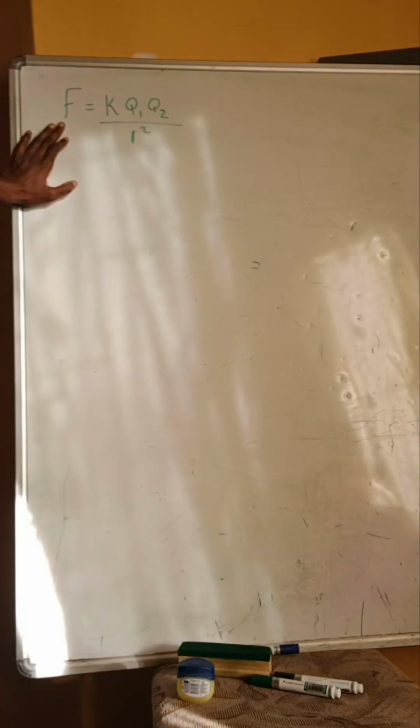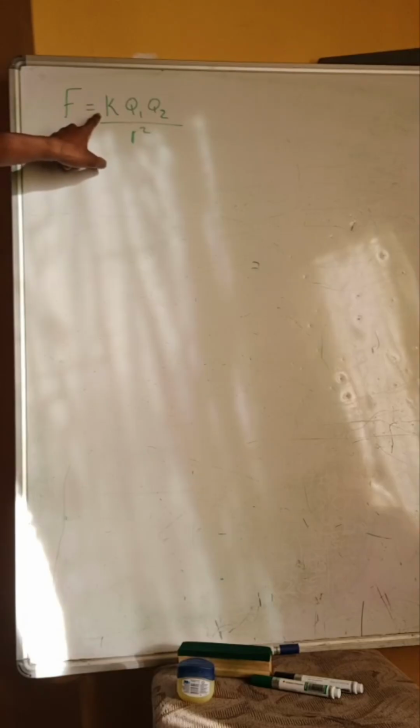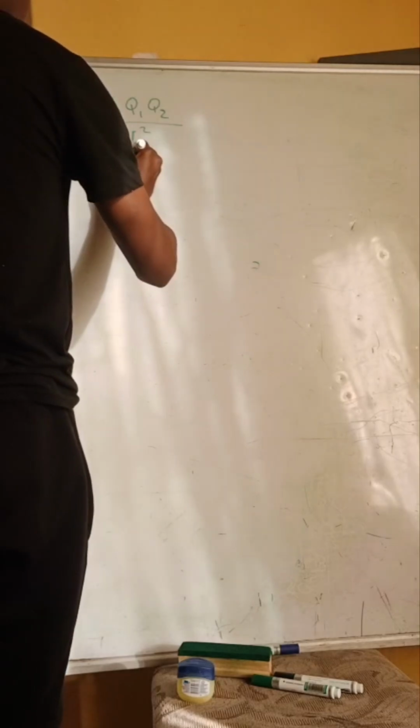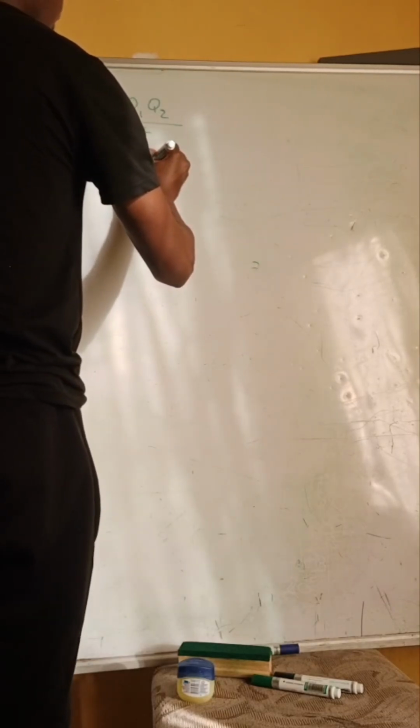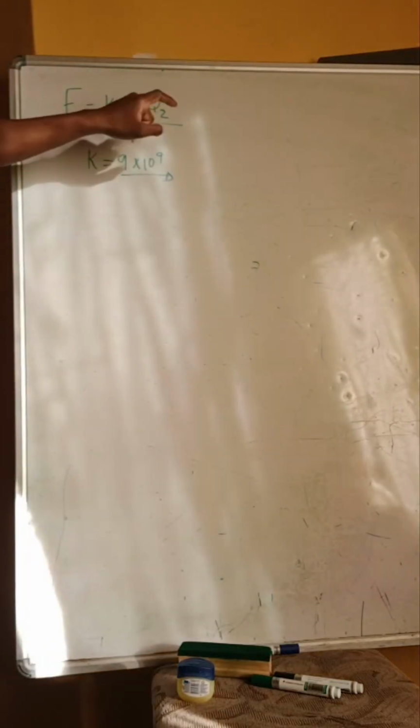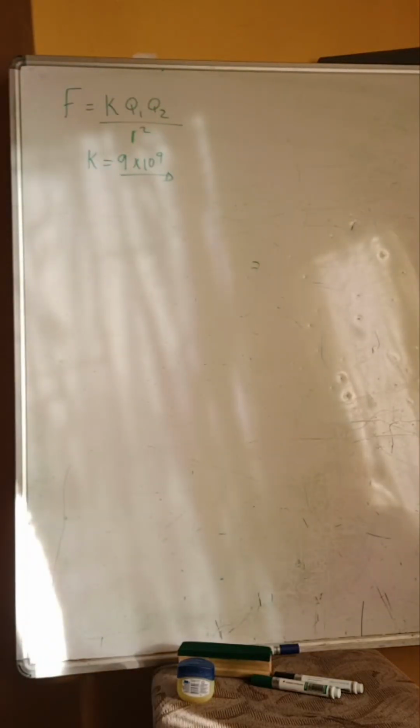This is the force. K is the constant that you will be given, and this constant equals 9 multiplied by 10 to exponent 9. Then these are charge 1 and charge 2. This R stands for a distance.